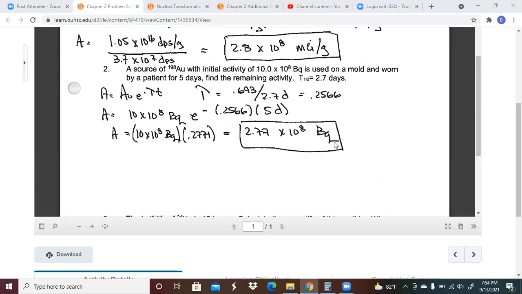So that's what the exposure is for that amount of time. Now, if we're interested in finding how much activity is in millicuries, we can obviously work that out, but it's not necessarily asking for that.